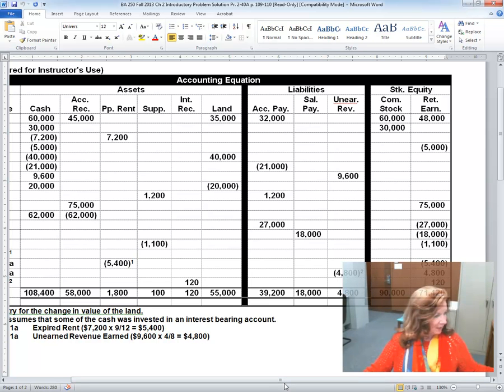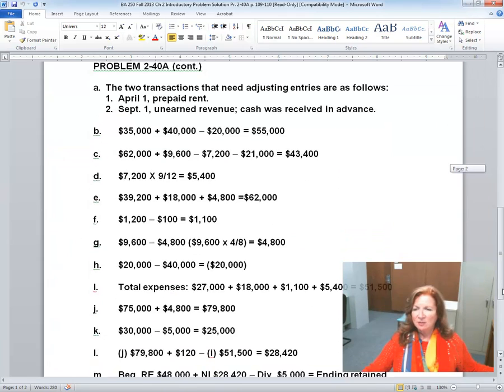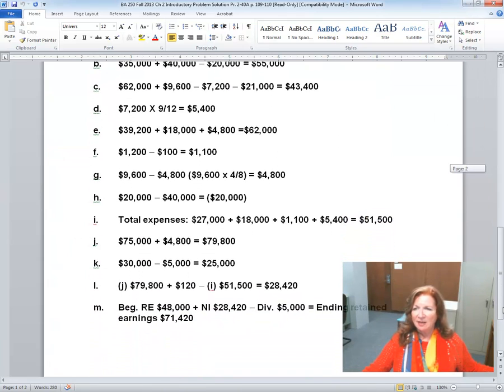So the question is, what amount of service revenue? So now I'm looking for revenues, and I have this $75,000 that came in, and the 48 was service revenue, but the 120 was interest revenue, I believe. So let's go down here and see what they say.